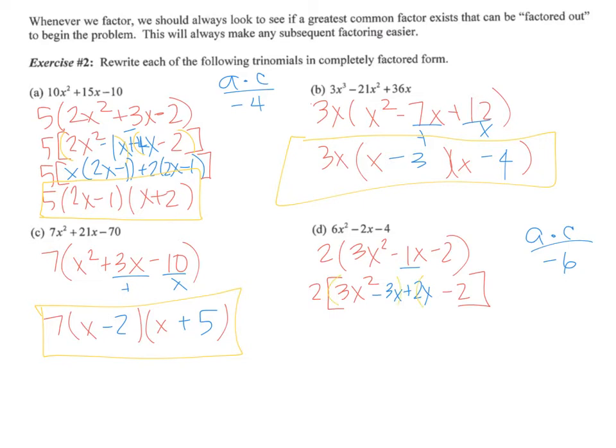Make our 2 binomials. And we have our 2. Greatest common factor between 3x squared and 3x is a 3x, and we're left with x minus 1. Greatest common factor between 2x and 2 is a 2, so we're left with x minus 1. So it's 2. Our first one is x minus 1, and our leftovers is 3x plus 2.